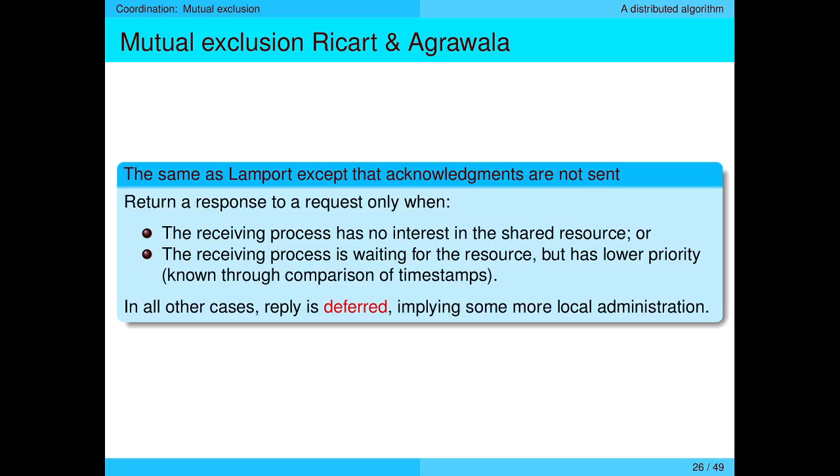You can compare the timestamps to get the priority. In all other cases, the reply is deferred, implying some more local administration. So this is how the Ricart and Agrawala algorithm works.